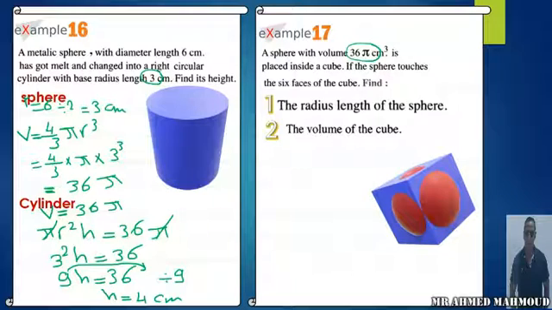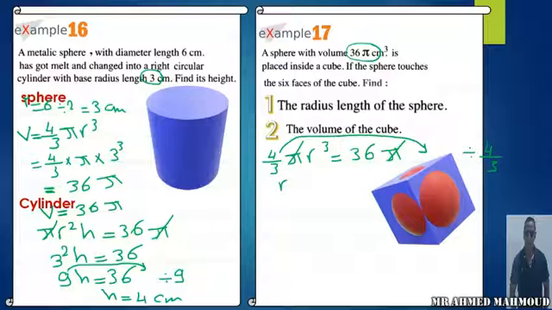First, by using this given, I have 4 over 3 pi r cubed equals 36 pi. This is the volume of the sphere. I will cancel pi on both sides, and then I will divide by 4 over 3.